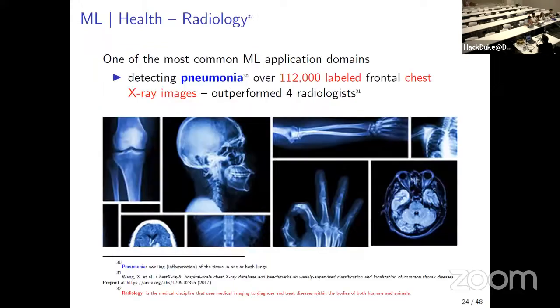I don't know whether you're familiar with this, but one thing I want to tell you about is radiology. I assume you went to the hospital to take some images, at least most of you. This is probably the most common application domain of machine learning in the medical field, because you have these images and you need to process them. The radiologists look at the image and write a report about it.